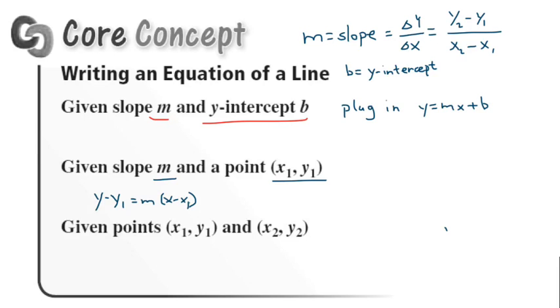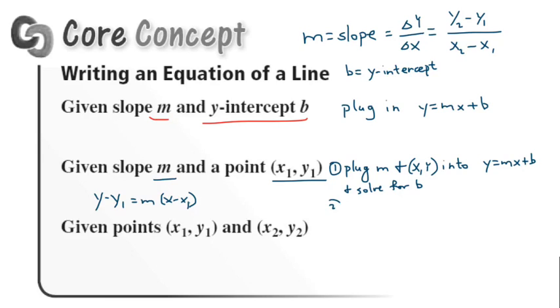What I want you to do is plug m and the x and y of whatever that point is into y equals mx plus b, and solve for b. That would be step one.